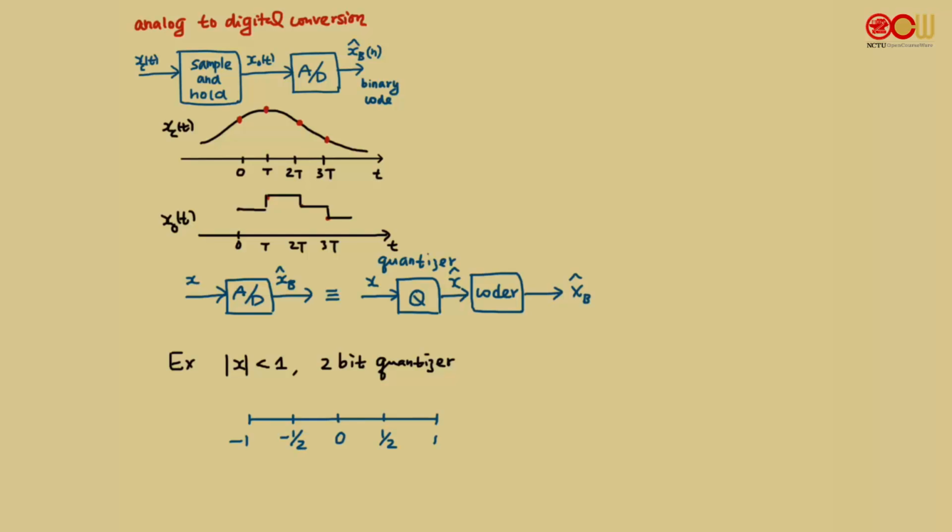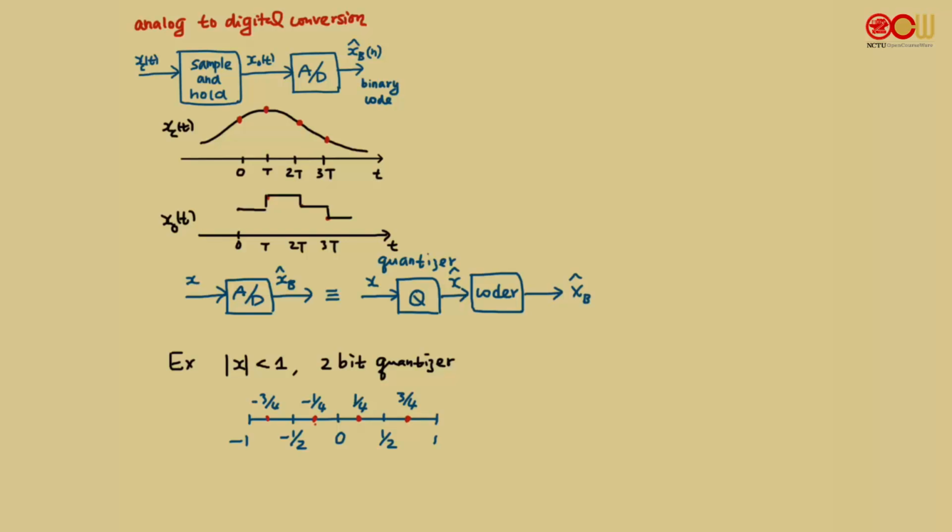Whenever X falls into a cell, it's quantized to the center value of that cell. And these values are 1/4, 3/4, -1/4, and -3/4.